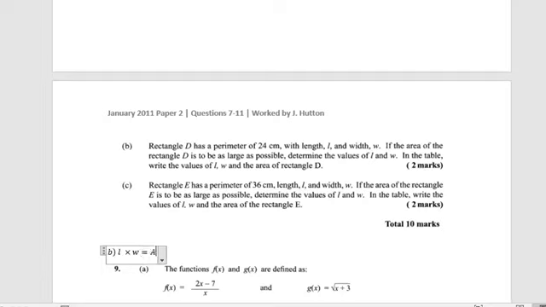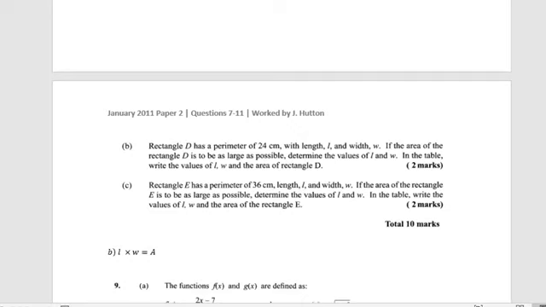This time around we don't have the area, and from perimeter we know that 2L plus 2W is equal to 24. So that's 2 times the length plus 2 times the width is equal to 24.